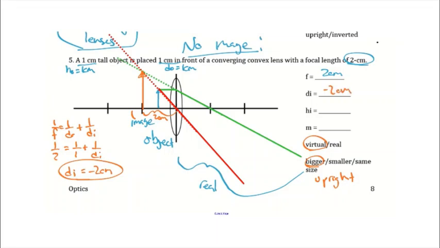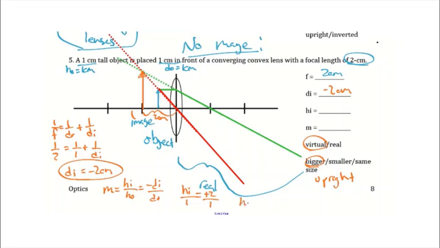We'll now verify the image height with the magnification equation. So magnification is equal to hi over ho, equal to negative di over do. And so we'll plug it in. So our image height is what we're looking for, equals my image distance, which is negative 2, so that's going to be positive 2, over my object distance, which was 1.